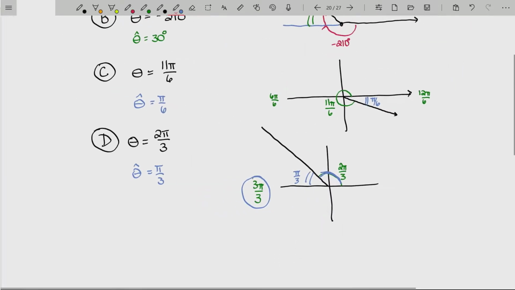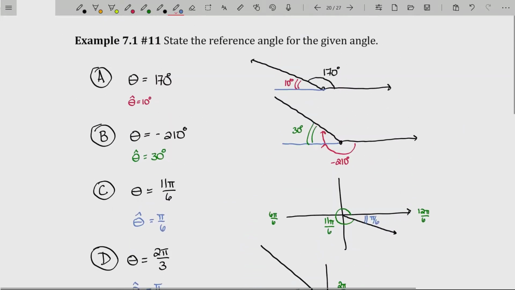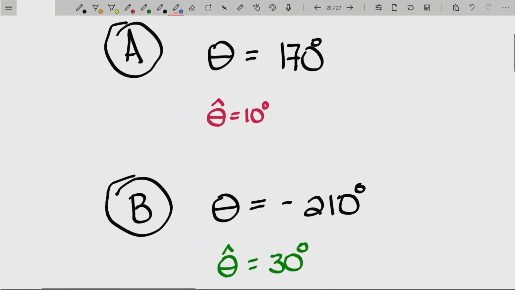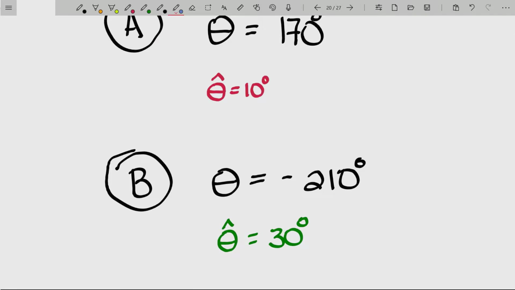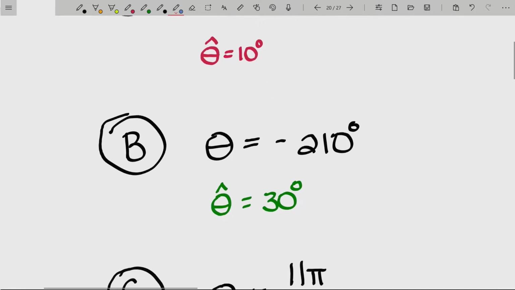But I want you to notice with degrees, there's not really a super huge pattern with their angle versus their reference angle. 170 degrees is the angle, 10 degrees is the reference. I mean, it doesn't seem so obvious. Negative 210 degrees is the angle, 30 degrees is the reference angle. Again, nothing super obvious there.